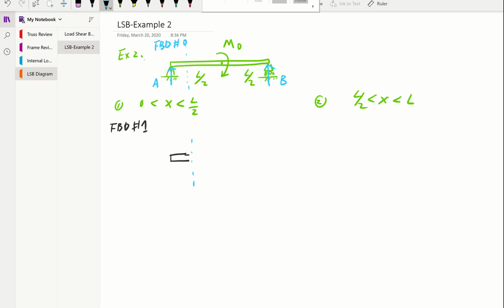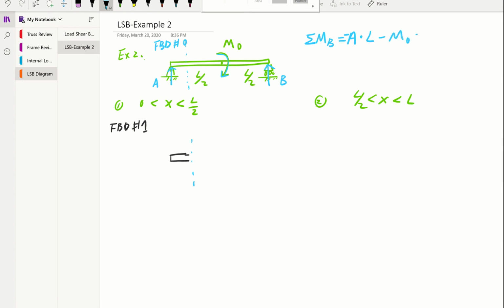Let's solve A first. If we want to solve A in one step, we do moment about B. So we'll have A times the moment arm, which is the entire length L, and that's clockwise, so it's negative. Then we have this external moment M0, which is also clockwise, so it's negative M0.